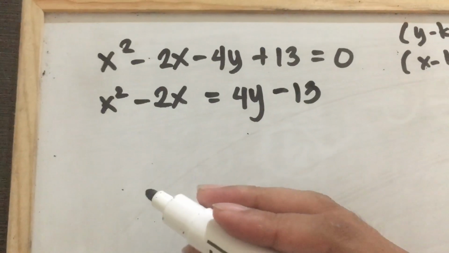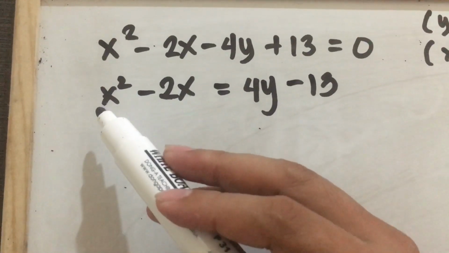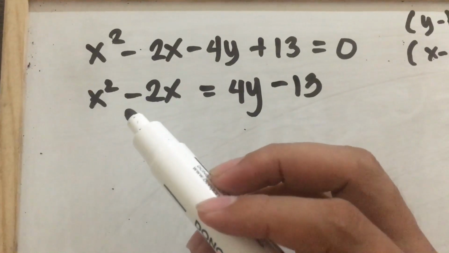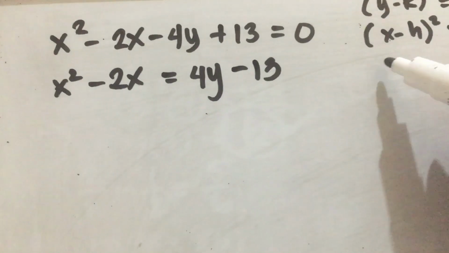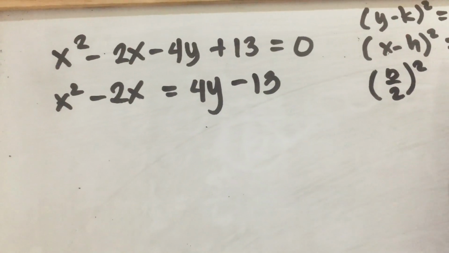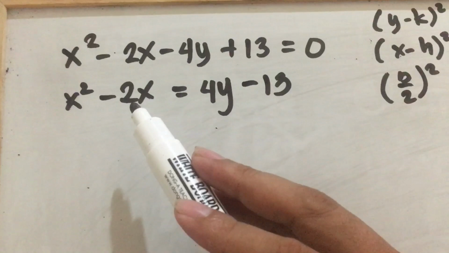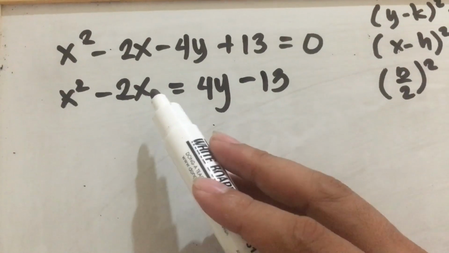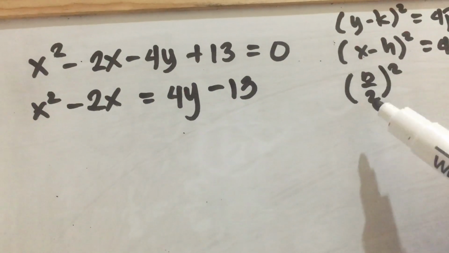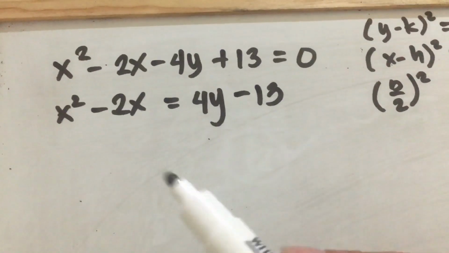So practically, we have the second step. Our next step is to complete the square of our variable x squared minus 2x. So we all know that in completing the square, the formula is (b over 2) squared. So why is it that we complete the square here? So that when you add a certain number, it will become a perfect square binomial. That is the purpose of the completing the square process.